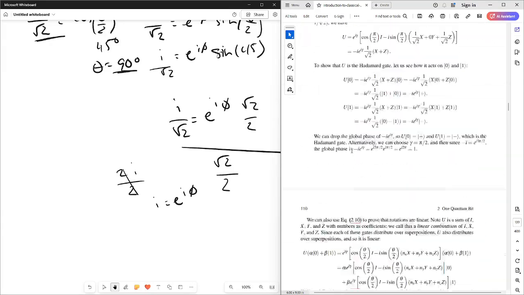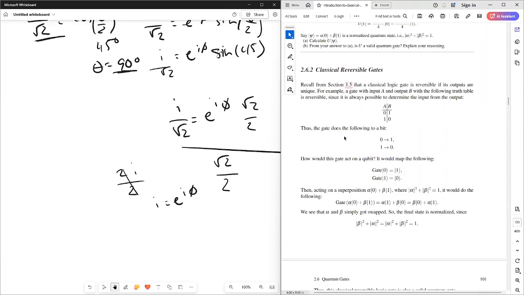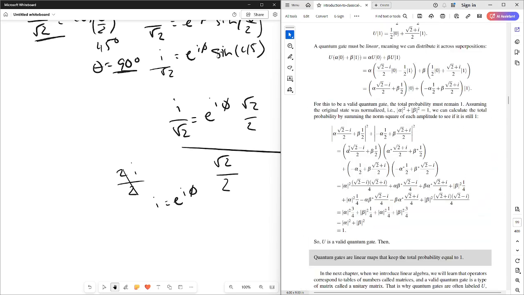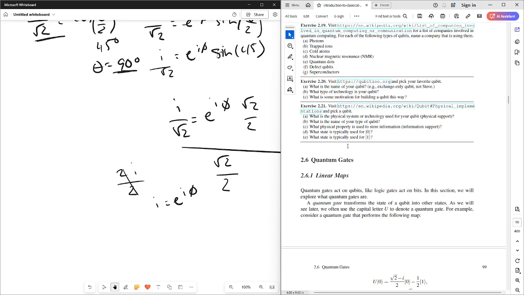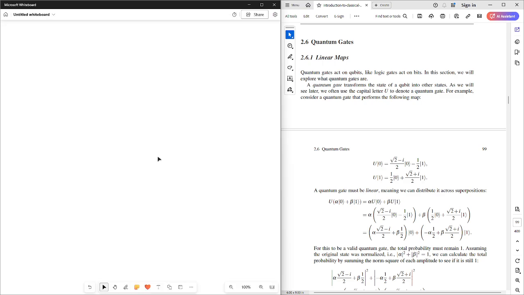Yeah. Perfect. All right. The good old quantum gates. Let's get a fresh canvas for this bad boy. Beautiful.